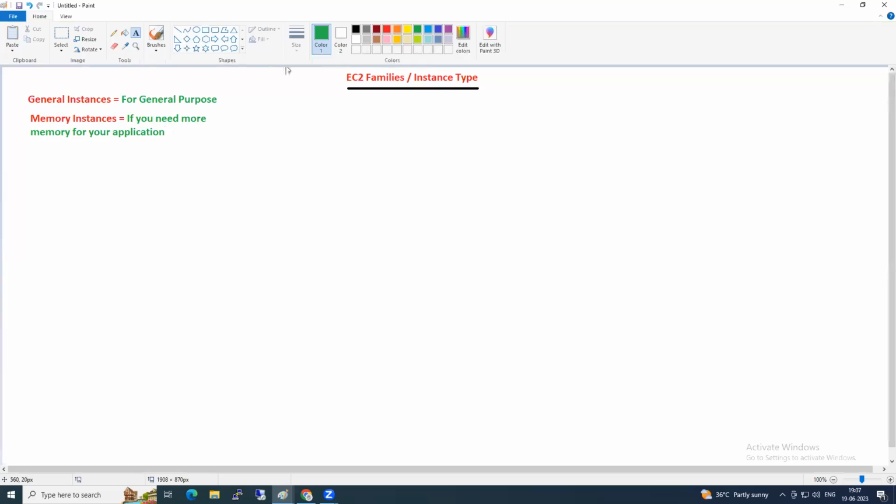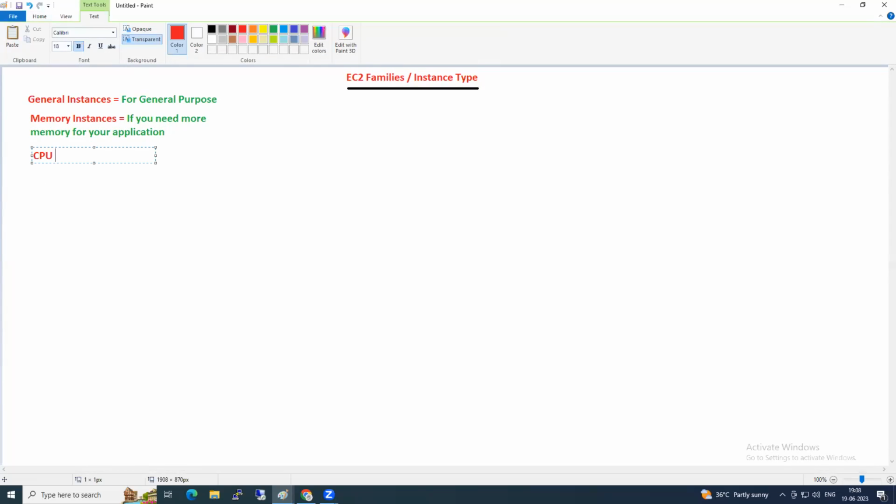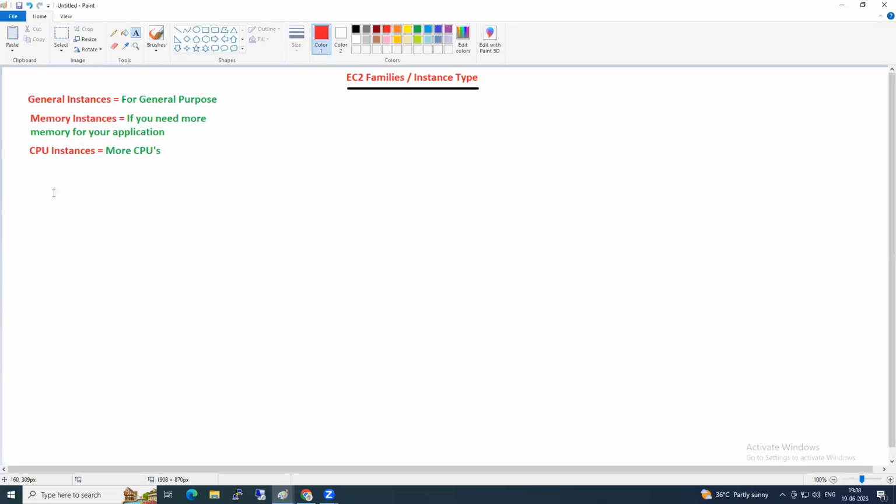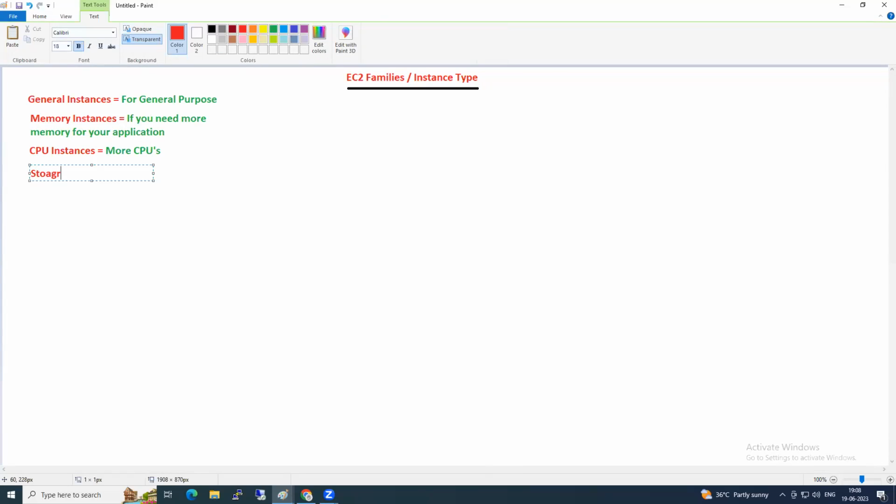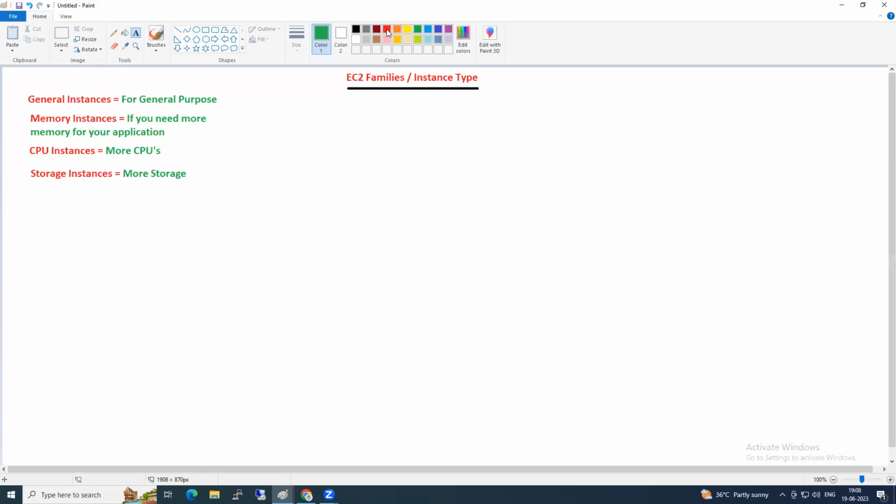And let's say you have CPU instances. If your application needs more CPUs, go for this. And you have storage instances. If you need more storage, go for this. There are so many, but I'm putting a few.